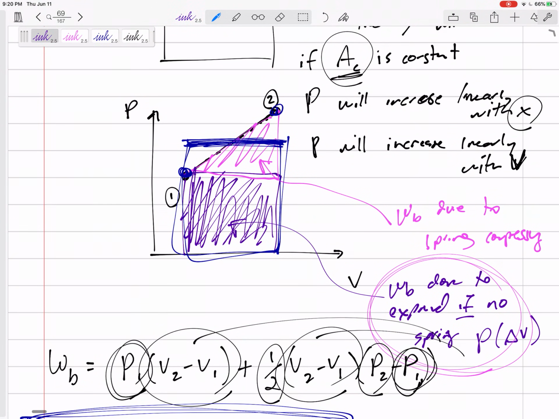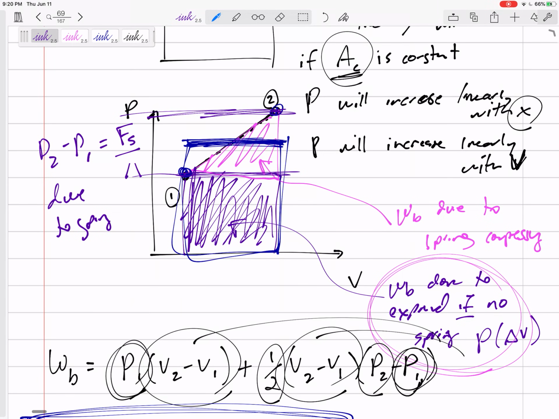And this change in pressure is due to the spring. P2 minus P1 is due to the spring. It's a force over area. It's the force over area of the spring, K delta X divided by area.